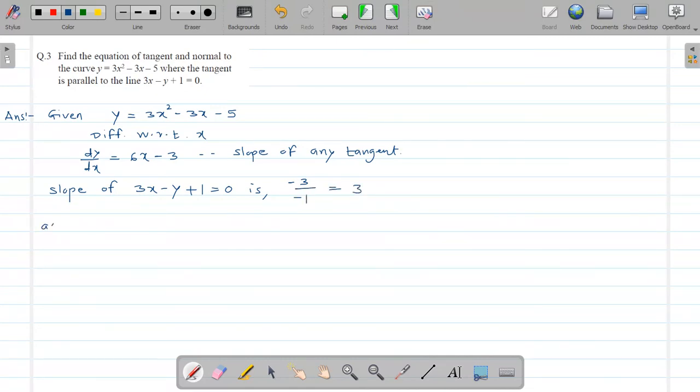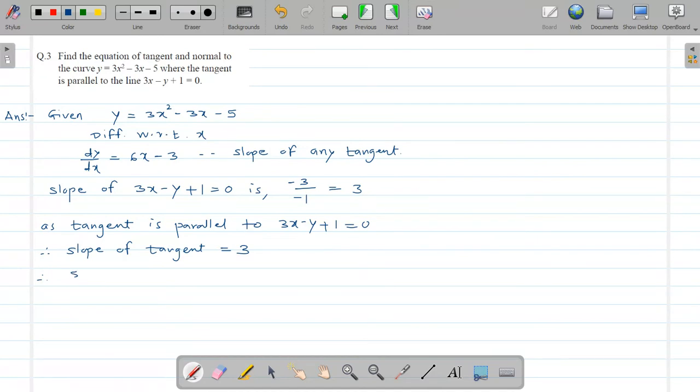Now as the tangent is parallel to 3x minus y plus 1 is equal to 0, we can write the slope of tangent is equal to 3.